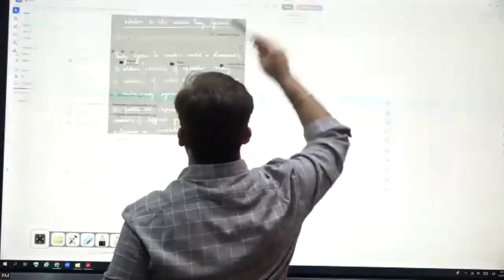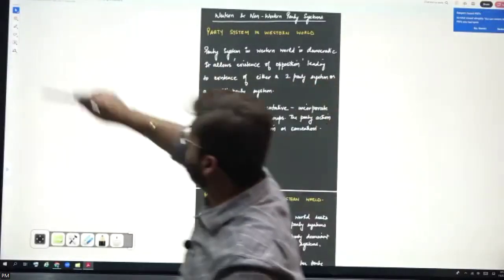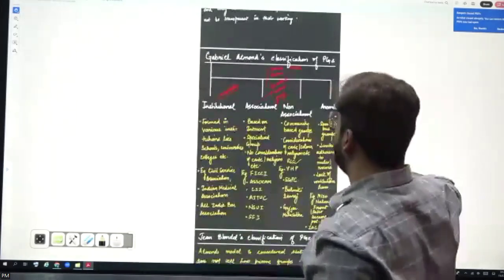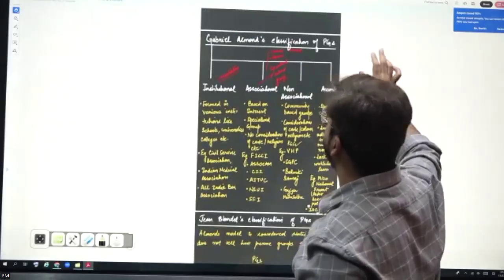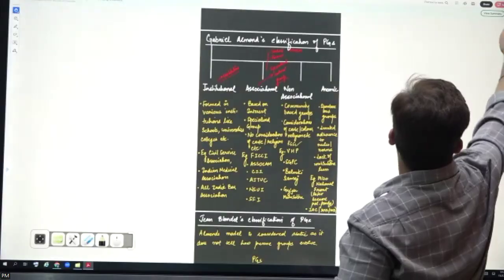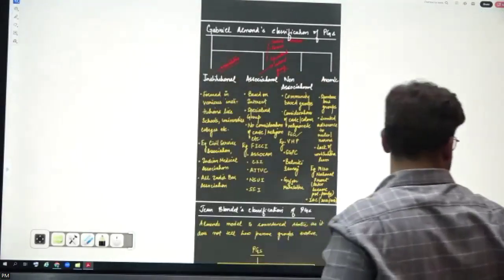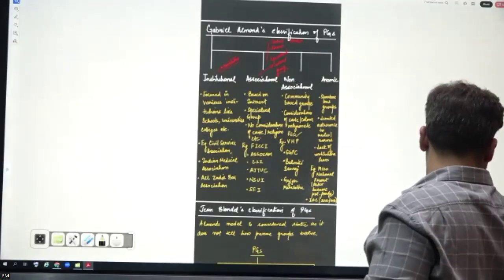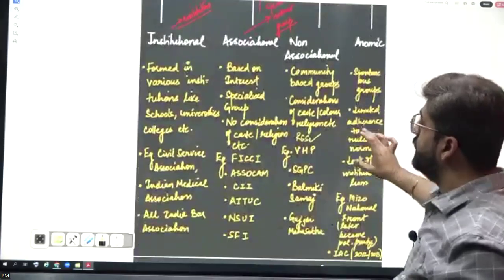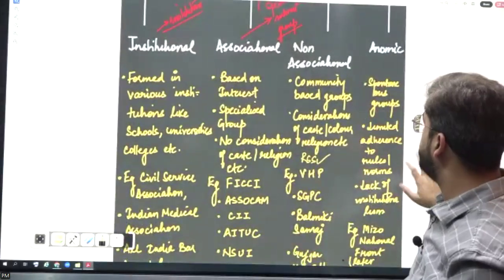Okay, as you can see here in this document, allow me one more minute. In this document, there is this classification, and this is the way in which the pressure groups can be classified.